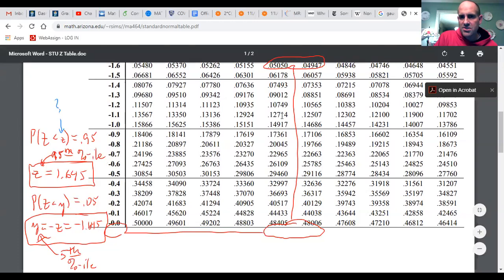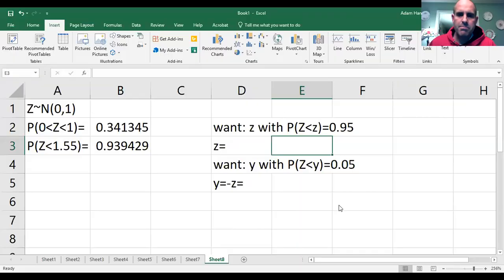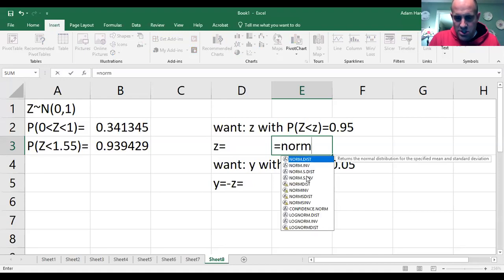Let's also go look at Excel. Okay, here we are in Excel. Once again, 95th percentile, how do I get it? That means we want a little z such that the probability that capital Z is less than that is 0.95. So what's Z? Well, you go equals normal, standard, and this time I know what the probability is.